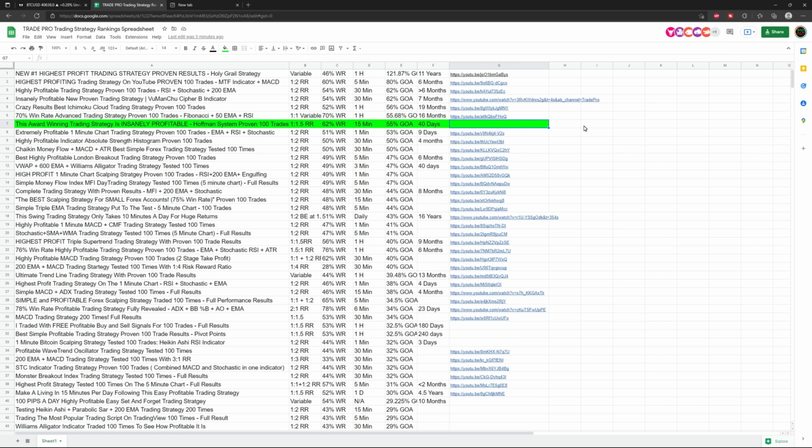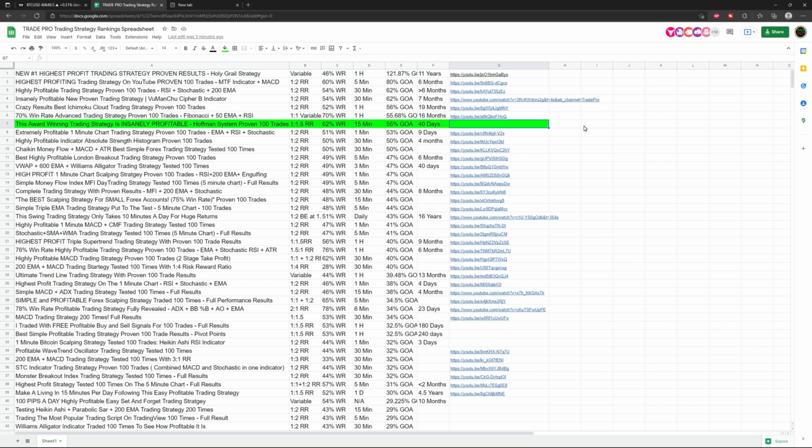You do need to have a strategy that you follow and stick to religiously. Otherwise, you will not be a profitable or consistent trader. So definitely take a look at this if you don't have a strategy yet and you're looking for something that you can follow consistently.